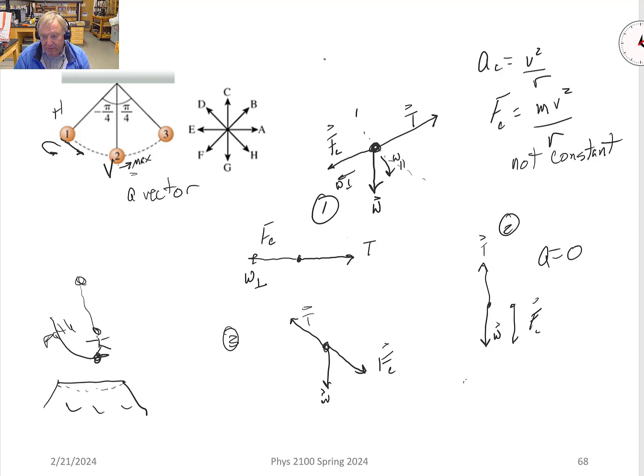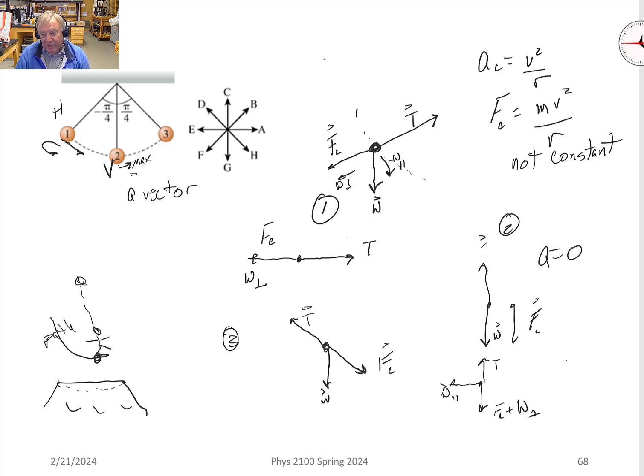And so we end up with, and it's customary to do, well, you know what, never mind. It's customary to draw it this way, but strictly speaking, it would be better to draw it this way, because now plus W perpendicular, now it's easy to see the W parallel.